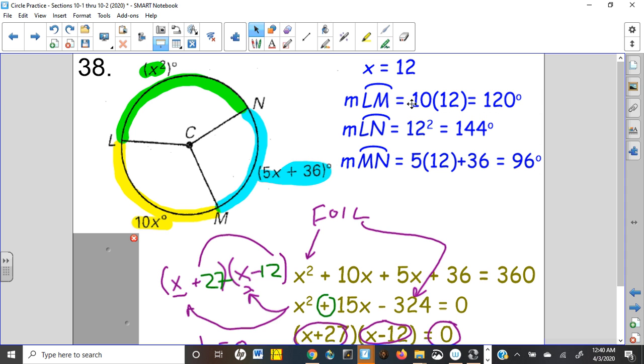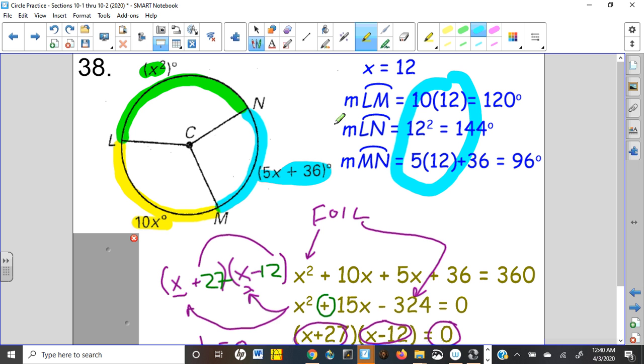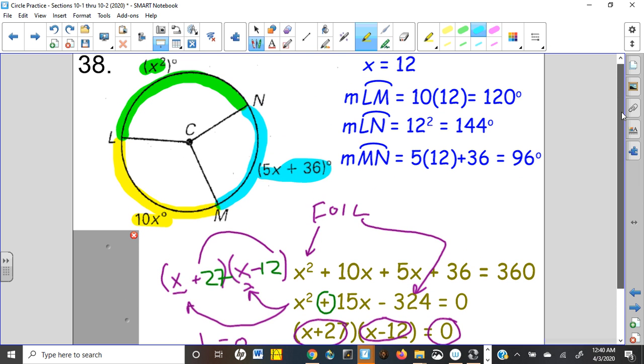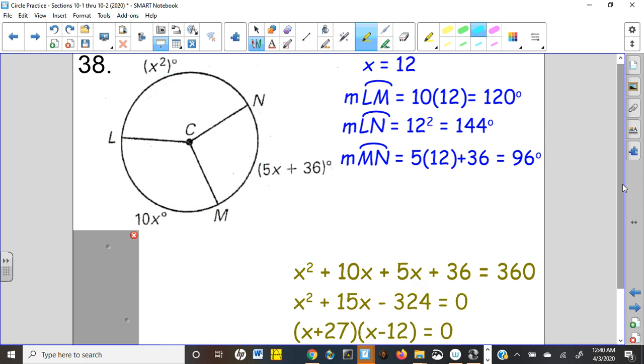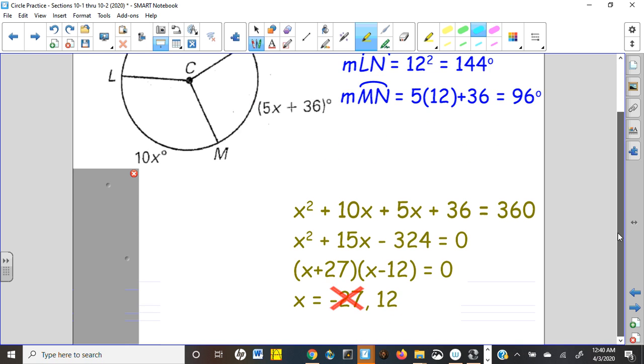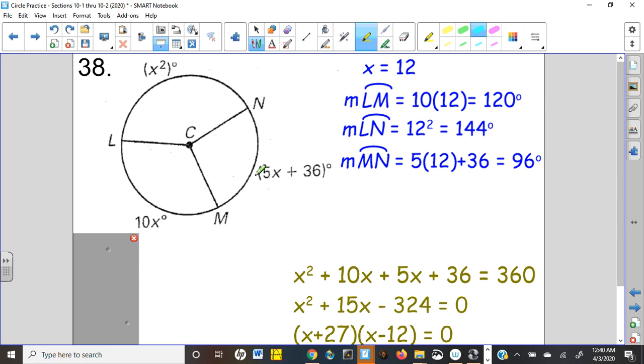Make sure you label. You don't want to just start randomly doing work and not say how it relates to the problem. So measure of arc LM, measure of arc LN, measure of arc MN, just like you used to do with angles for semester. Okay, so I think I spent half of this explanation going over just one problem, number 38, and most of that was not even the geometric relationship about the arcs adding up to 360.